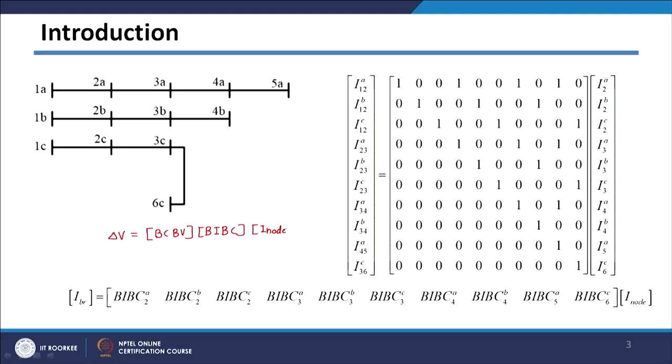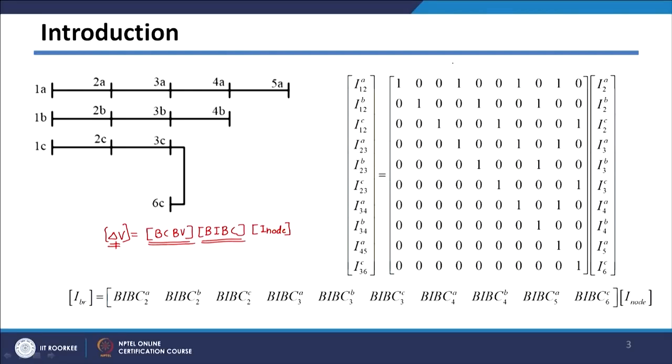This equation we solved to get the load flow problem solved. Here, the voltage difference between the actual bus voltage and the source bus is given by this delta V matrix, and we have these two matrices, BCBV and BIBC.